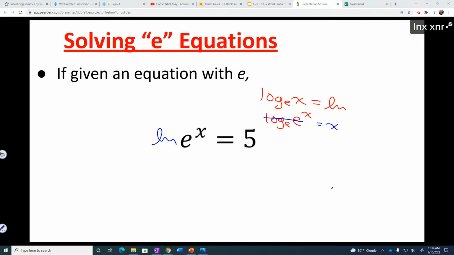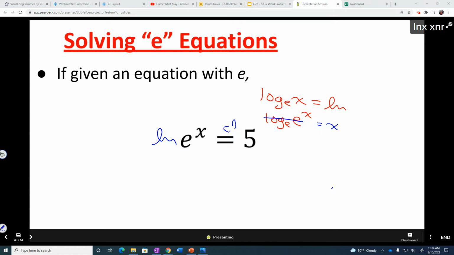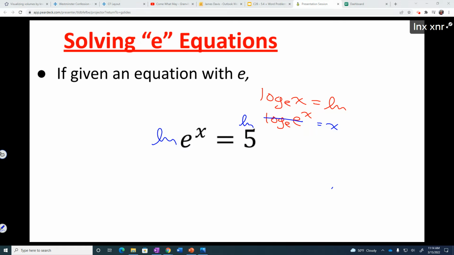And you have to do everything to both sides always. So we'll take the natural log of both sides, and what happens is this cancels out with that, because log base e is the same thing as natural log. And we do it to both sides, so then we have x equals the natural log of 5.